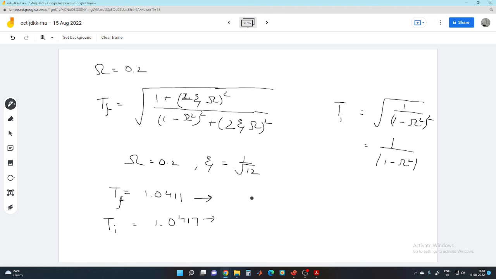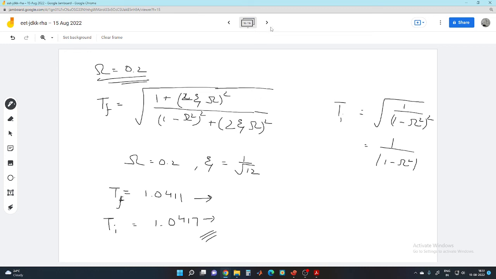And that makes sense actually, because addition of damping does not change the amplitude of vibration much in the stiffness dominated region. This frequency ratio of 0.2 signifies the stiffness dominated region. So by that sense, we can say to some extent that transmissibility is okay.